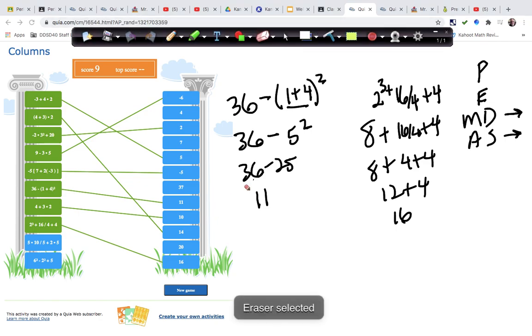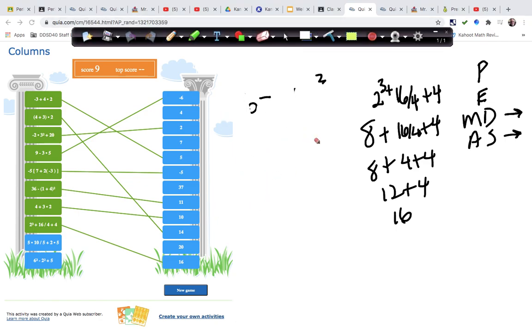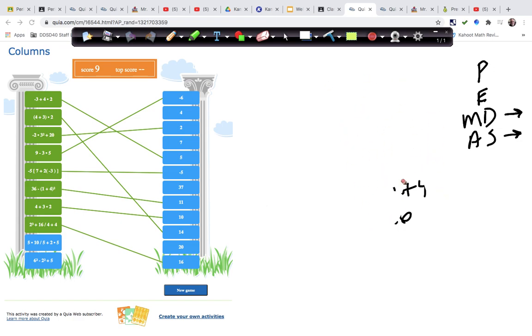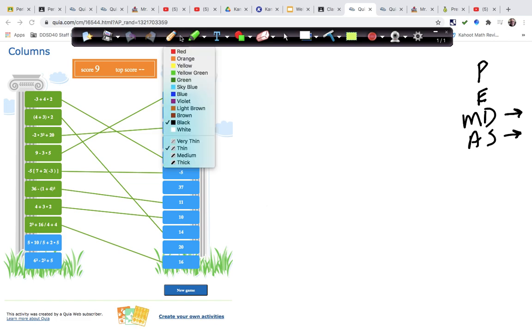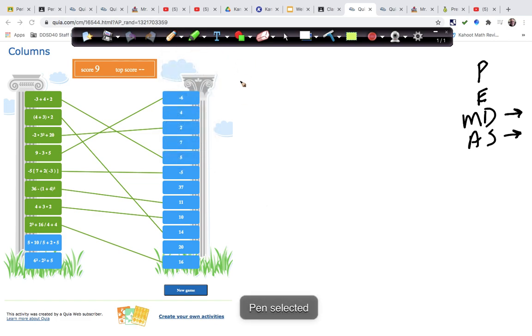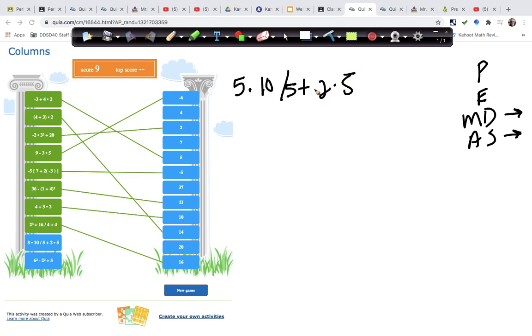All right. Let's get some more room to work, and we'll do the final two problems. Five times 10 divided by 5 plus 2 times 5. There are no parentheses, there are no exponents, so I'm going to do 5 times 10, which is 50, divided by 5.